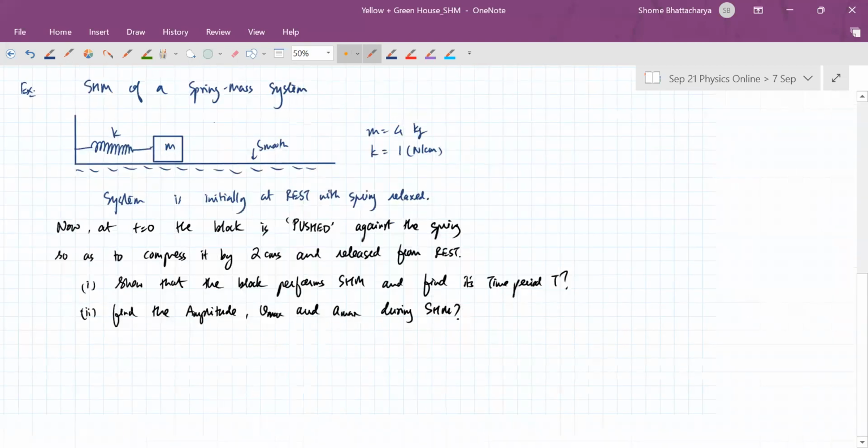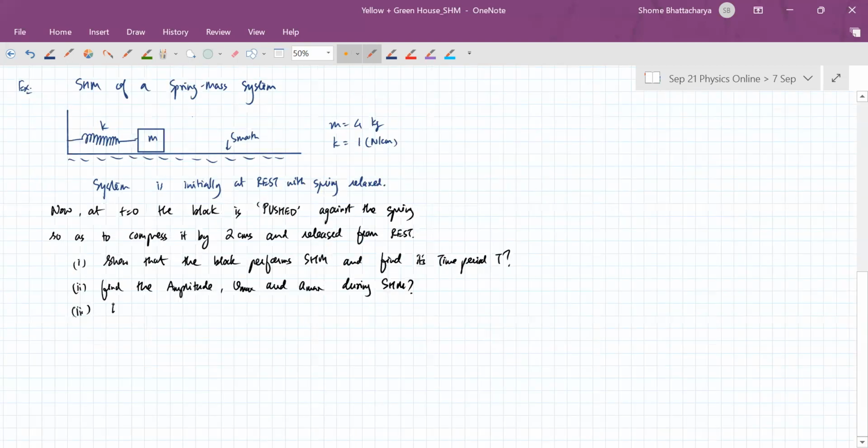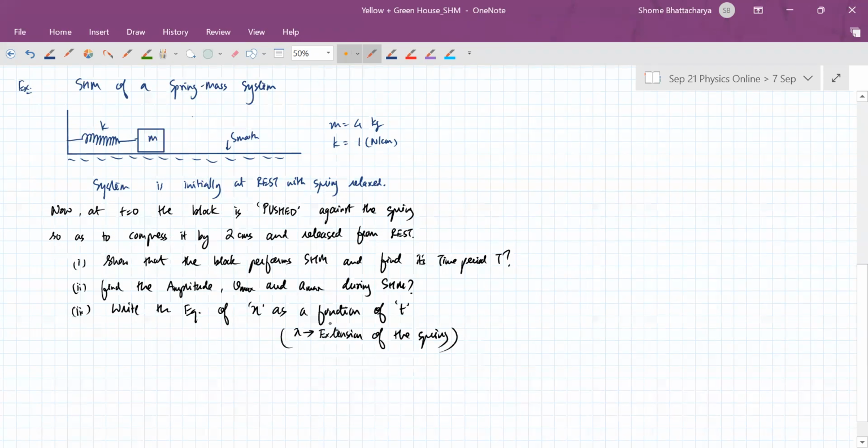And finally, write the equation of x as a function of time t, where x is the extension of the spring. Just take down the data of the question first. We will discuss this in detail. Then I will give you some questions to solve yourself also.